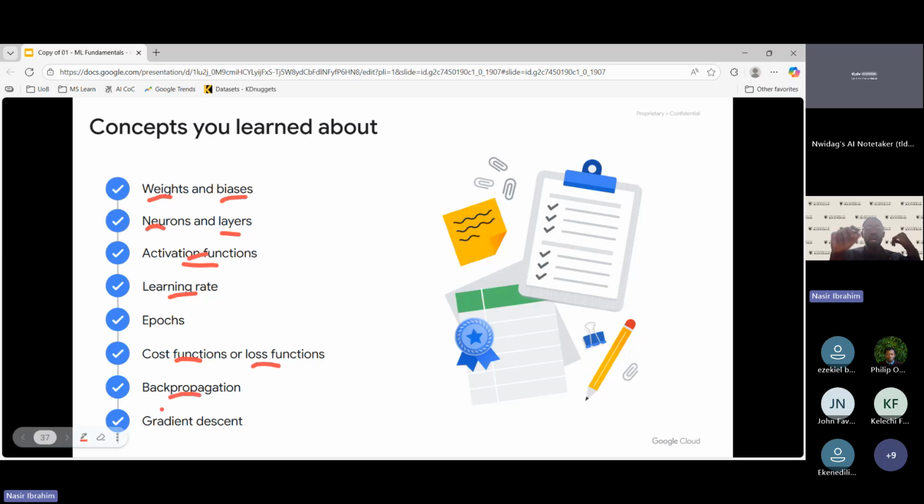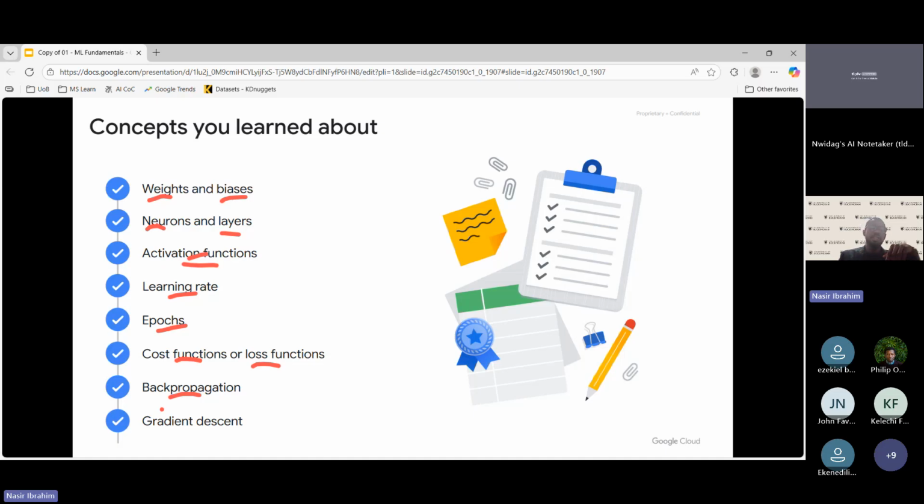And that process is done iteratively through backpropagation, and the number of times that you go is determined by the number of epochs that you set. The higher the epochs, the more training or the more iterations it will go, and the higher the chances that you're going to arrive at a small cost function.